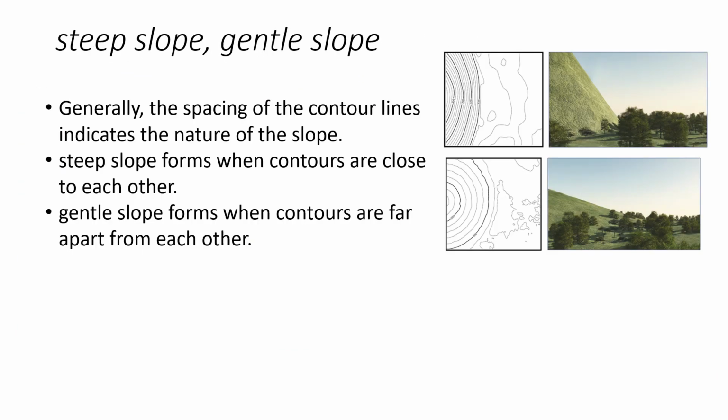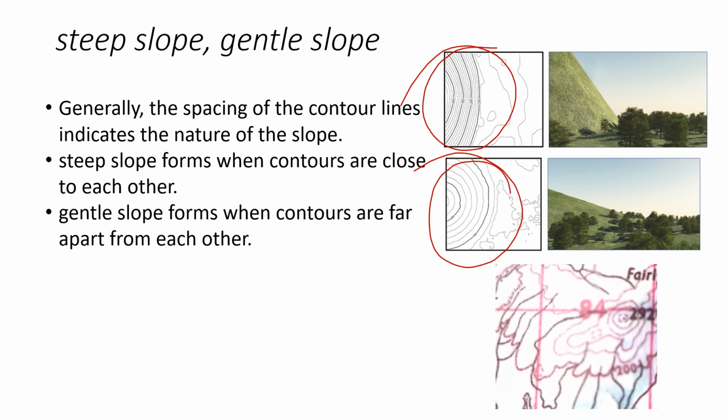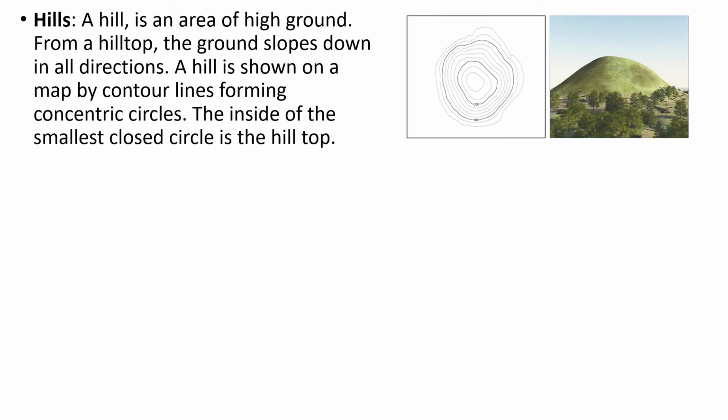And if we see in a contour, it is like this. Here we can see they are very closely spaced and they are way apart. So this is steep slope and gentle slope. You have to know about the hills. Hills are like this, a concentric circle, and the top one is the hilltop.